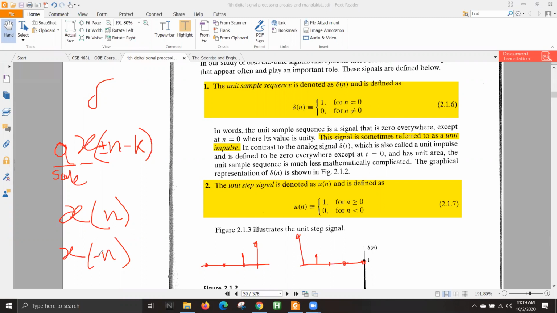Putting a minus before the independent variable will actually reverse the signal. All the values that were there for the positive sample values will now be there for the negative sample values. Suppose the amplitude was 1 for 1 and 2 for 2. Now it is going to be 1 for minus 1 and 2 for minus 2.